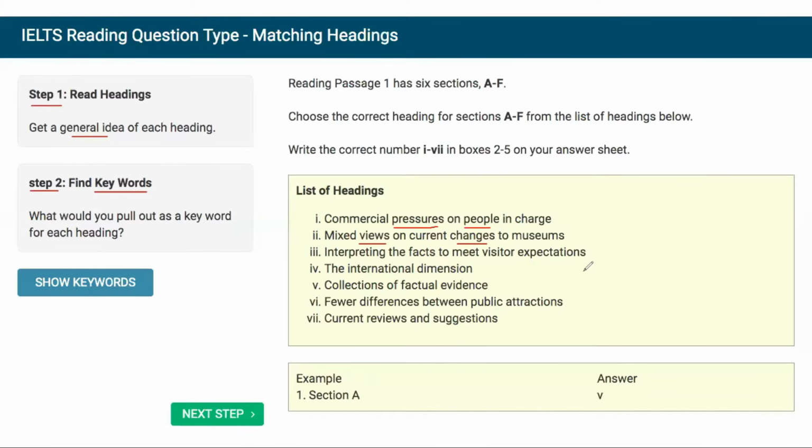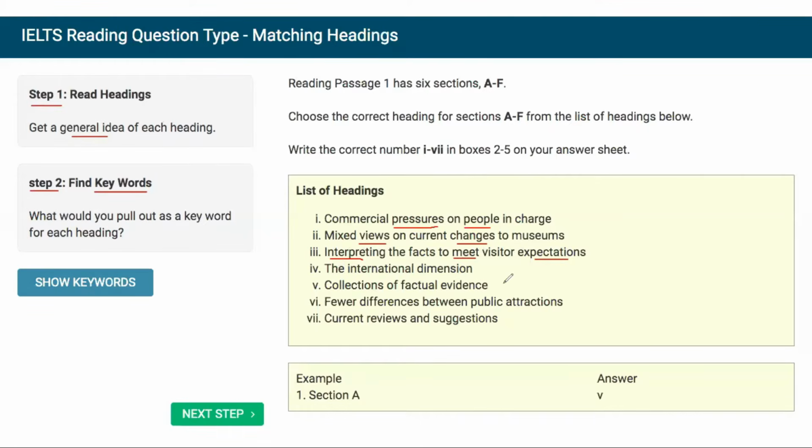Okay, number 3, interpreting the facts to meet visitor expectations. Here I would say interpreting, meet, and expectations, okay? Because yes, we're looking at expectations, but it's also good to look at interpreting. Okay, 4, the international dimension.